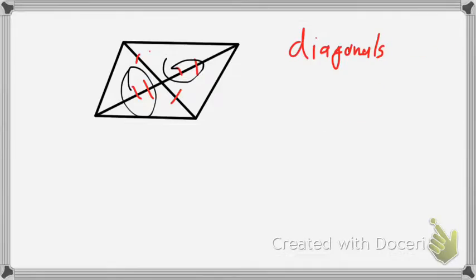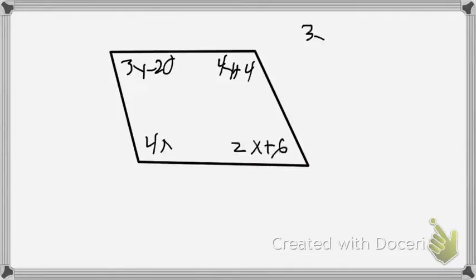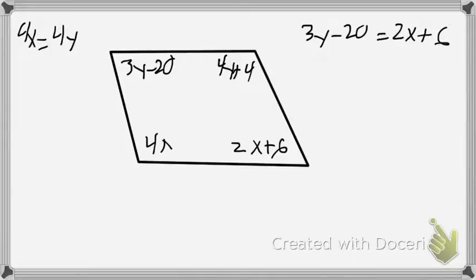Okay, so now for 19, we're saying what does x have to be in order for this to be a parallelogram? So what we're doing is we're looking at this and we're going, if this is a parallelogram, then we know that opposite angles are congruent. Now we're looking for that lone wolf and we don't see it, right?